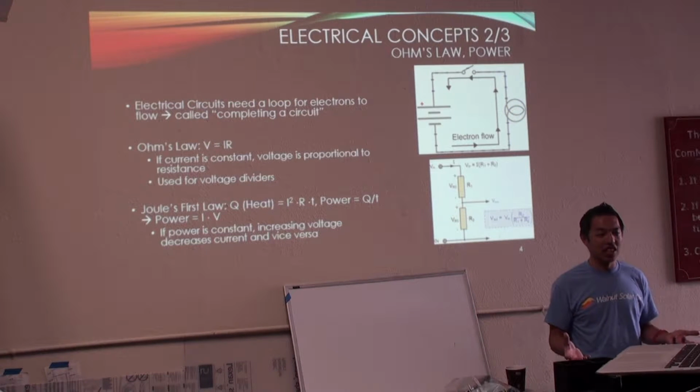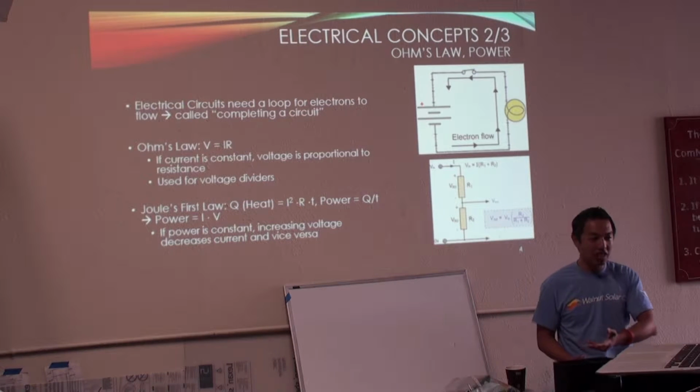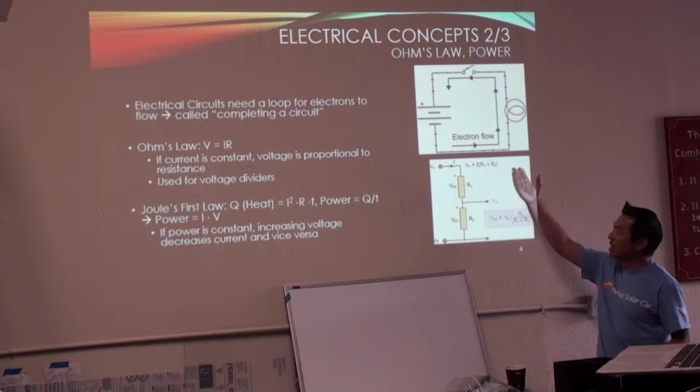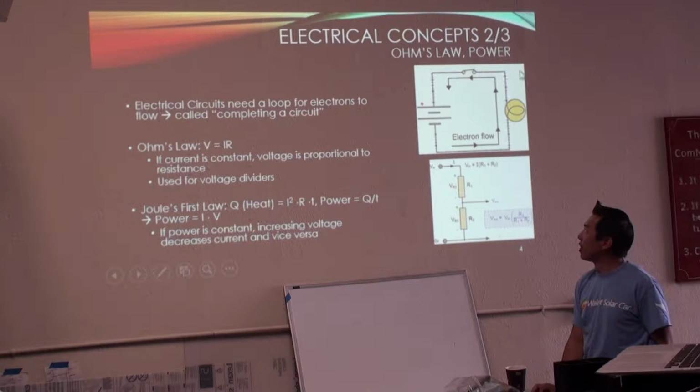Electricity is just the concept of moving electrons from one place to another. In this case, a battery provides a voltage across here, and when the circuit is complete, the electrons flow from the negative to the positive side.